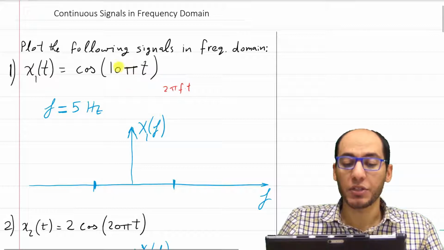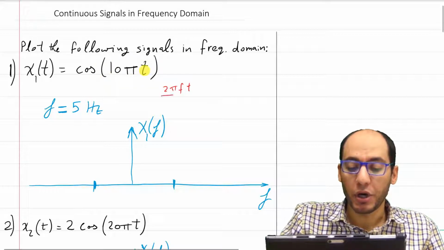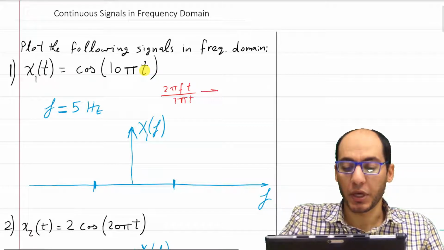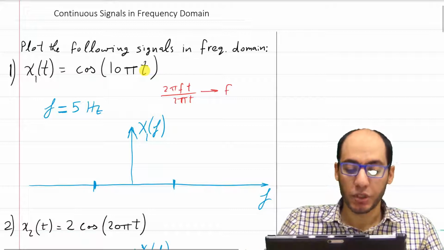So that's the angular frequency divided by 2 pi, you get the frequency in hertz. So you divide the entire number multiplying t by 2 pi to get the f, which is 5 hertz.